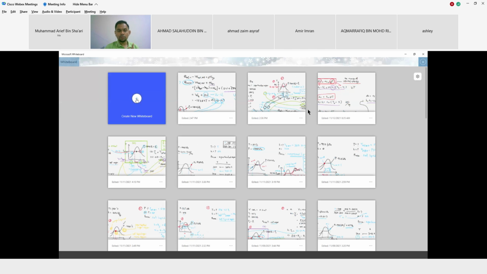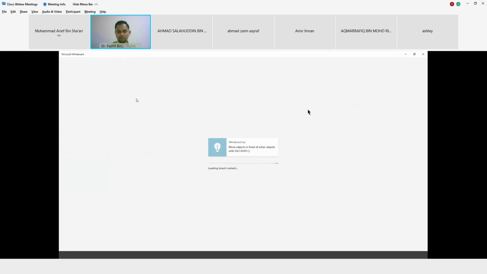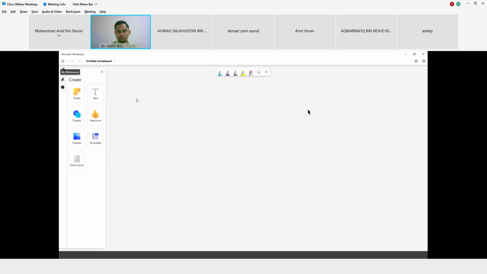Okay, the way we solve this question is actually the same as what we did before. Follow the 4 steps. Number 15. First step is to write down all the values given in the question.